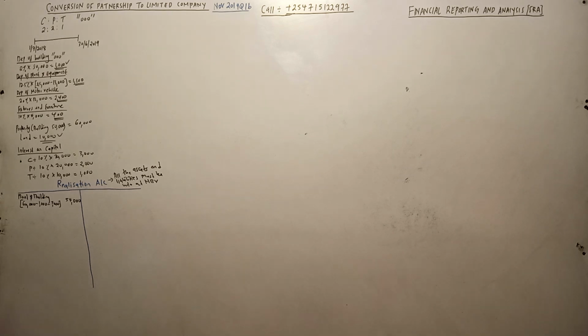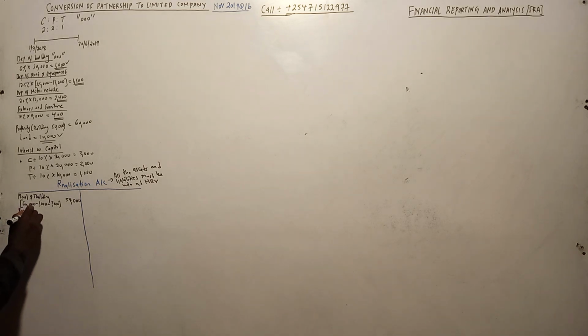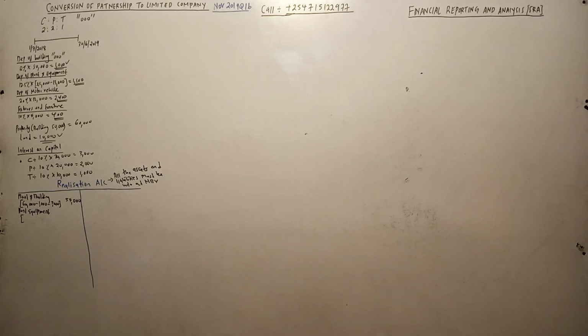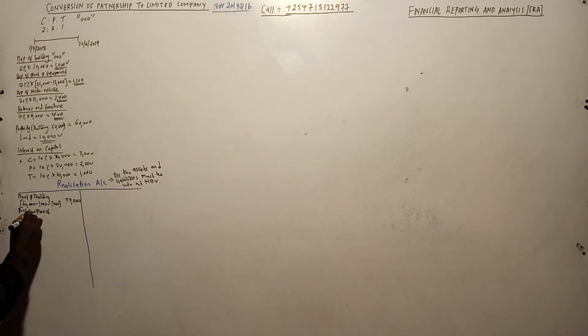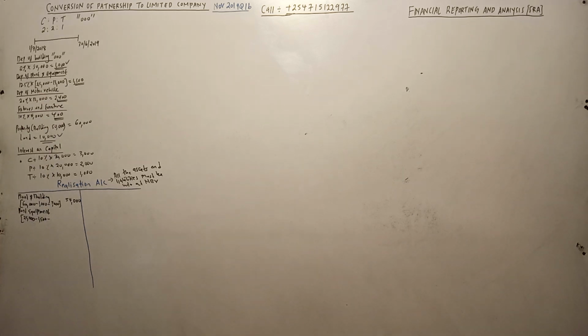Next, we have our plant and equipment. The cost was 25,000. Less the depreciation for the year, which was 1,500. And because it is on cost, we need to deduct the accumulated depreciation, meaning the provision for plant and equipment, which is 13,000.